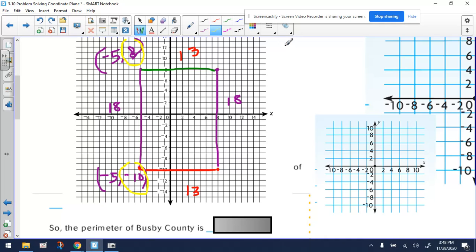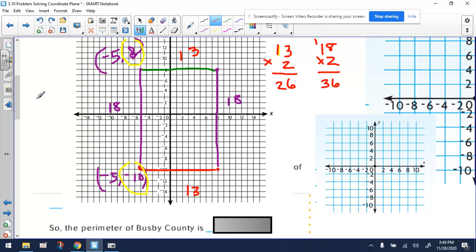So we're adding 13, and we have 2 of those. So some people like to multiply that by 2. And we have 2 of the 18s. So here we get the 6, and here we get the 2. Okay, and that would be 16. And 2 times 1, and the 1 more would be 3.